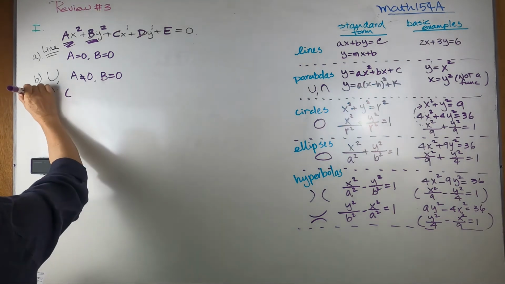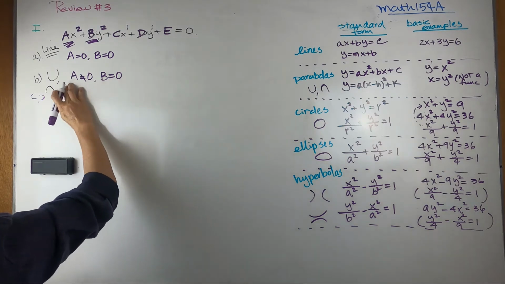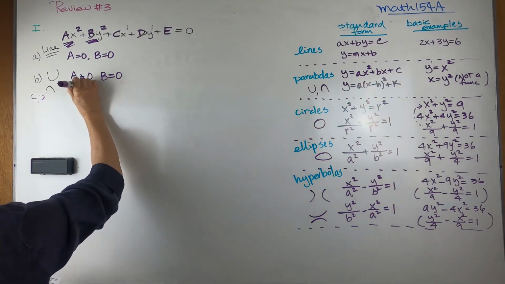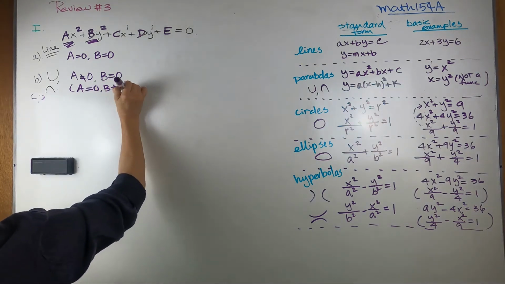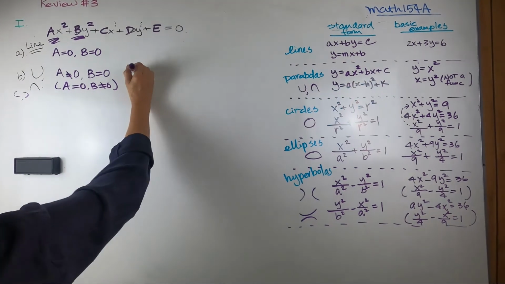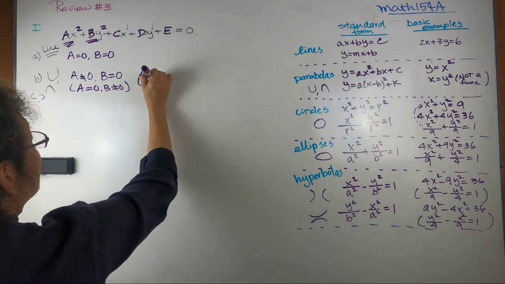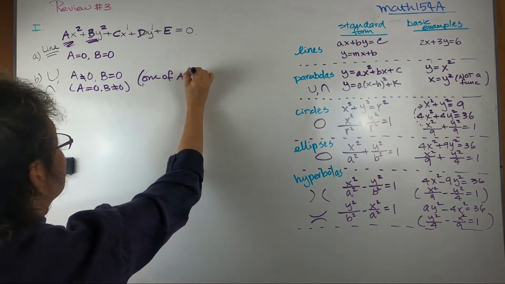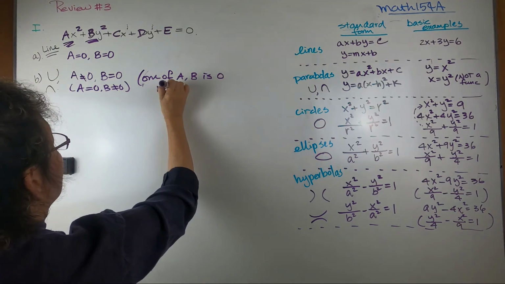Or if it's a left and right parabola, that would be what? A has to be 0, B cannot be 0. It would be this situation, right? Only one of them. Okay, so it means what? One of A and B is 0, but not both.